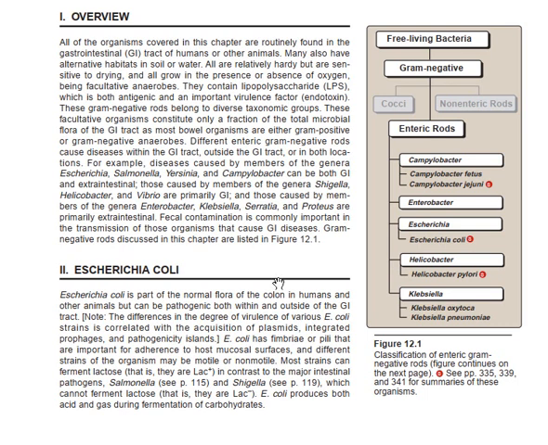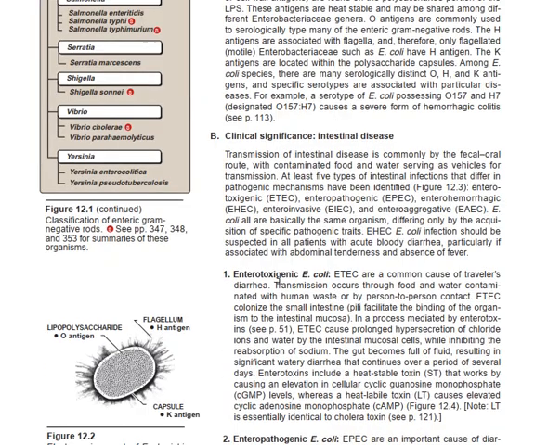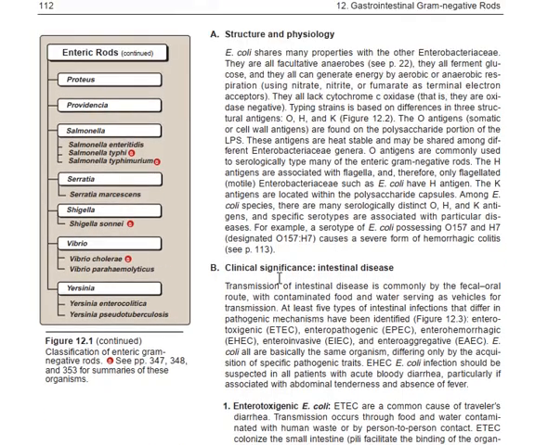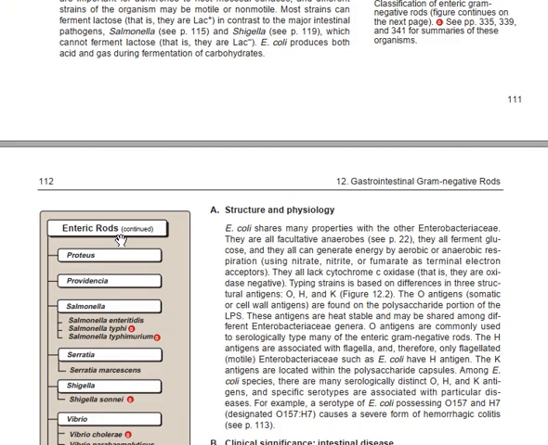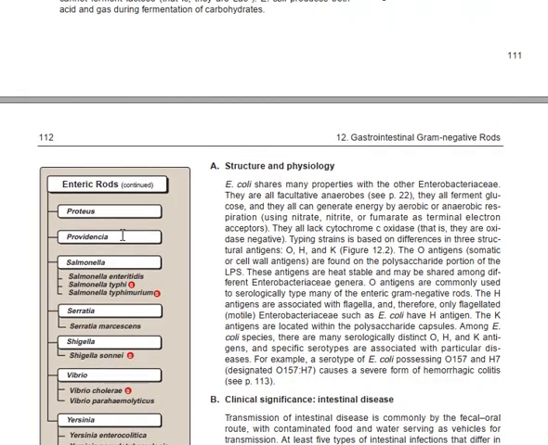So let's start with Escherichia coli. Let's continue with the classification of the enteric rods.